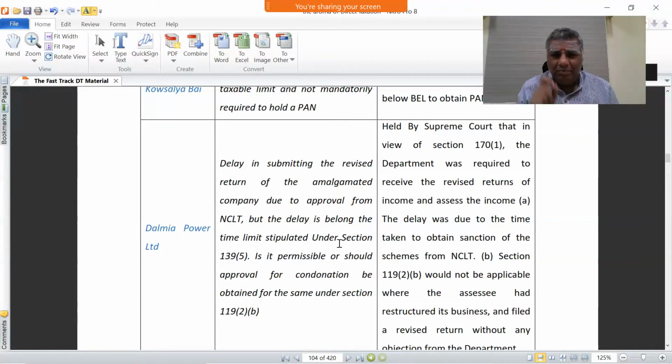Dalmia Power Limited. I told you that CBDT has the power to extend the due date. How can this power be utilized?